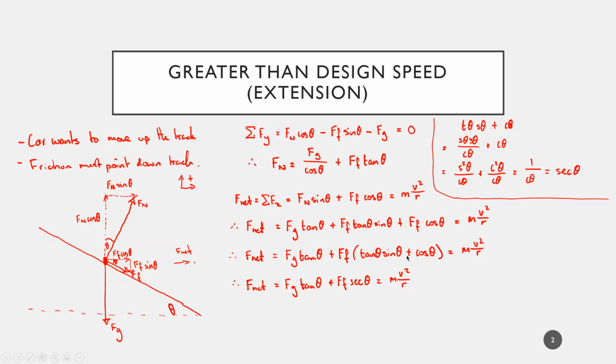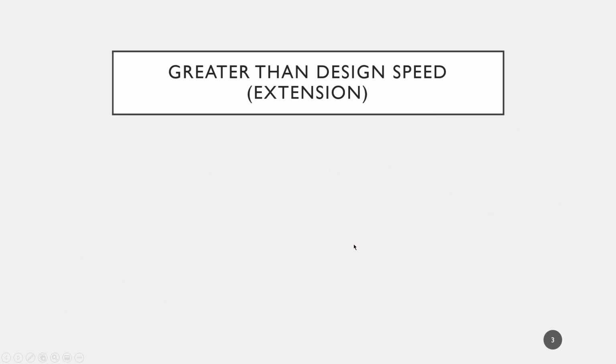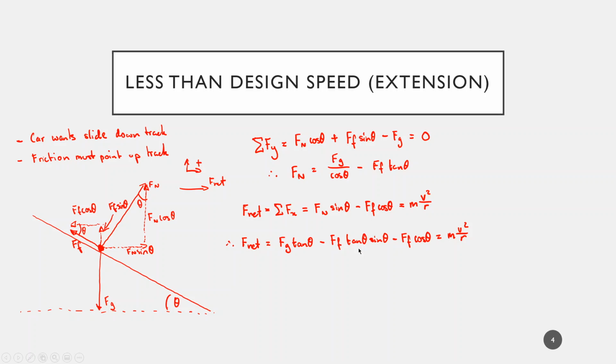And then you can turn that into sec theta. So really the only thing that's different is that plus turns into a minus. So Fnet is equal to Fg tan theta minus friction sec theta, and all of that is equal to mv squared on r.